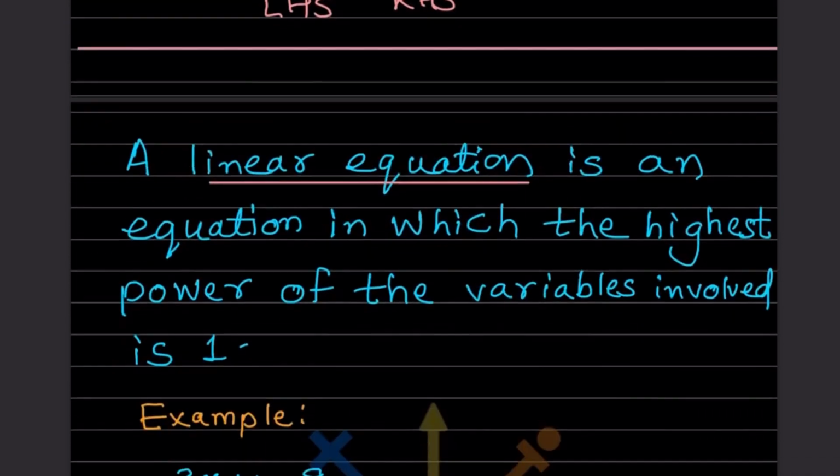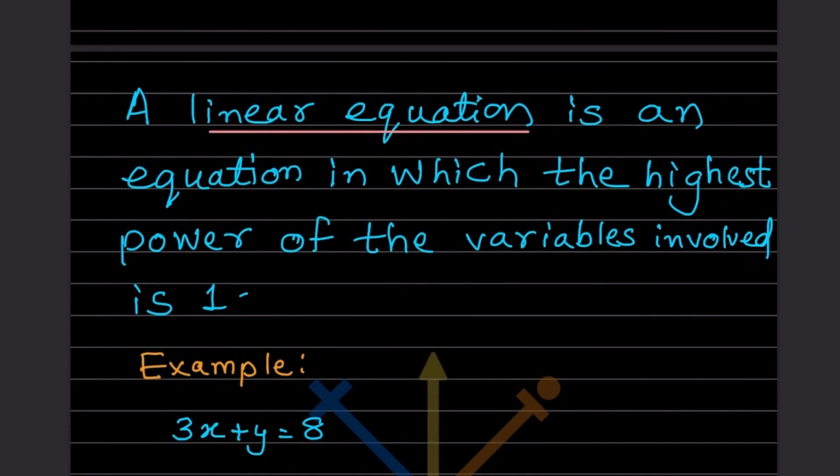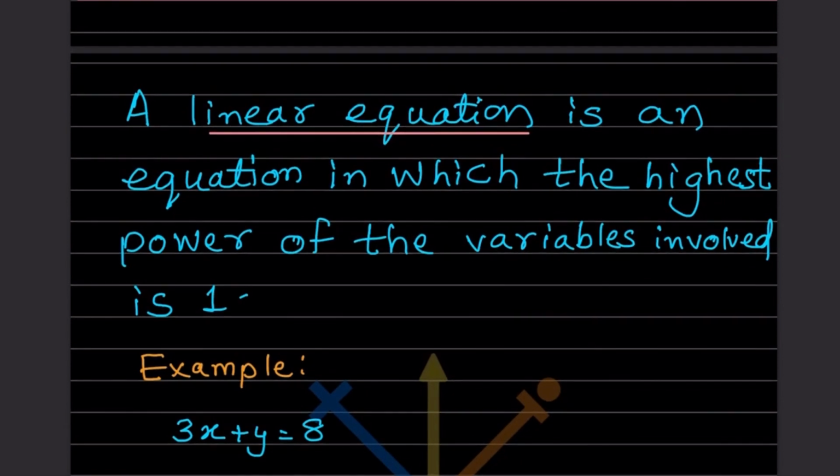Now because we are doing the linear equation, you should know what a linear equation is. A linear equation is an equation in which the highest power of the variable involved is always 1. If I write a raised to 2, that is the power. Here we have 3x; x is the variable, and its power is 1.